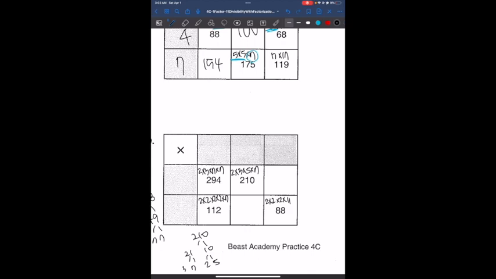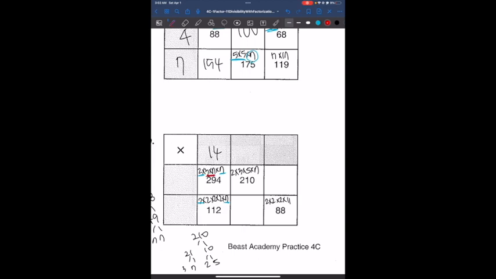And so in this column, the ones that are repeated are 1, 2, and 2, 1, 2, and 1, 7. So that's going to be 7 times 2, which is 14 in this square. And we know that these two squares multiplied would be 294, and 14 is 2 times 7.